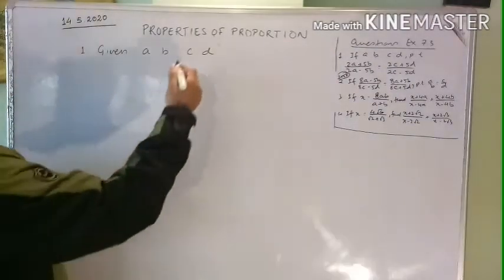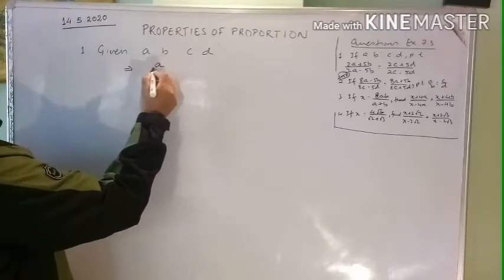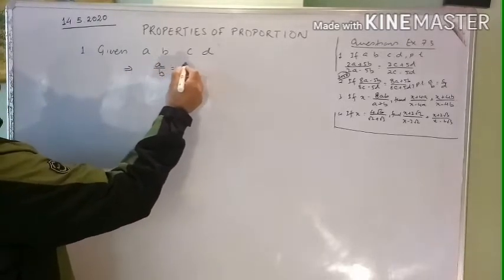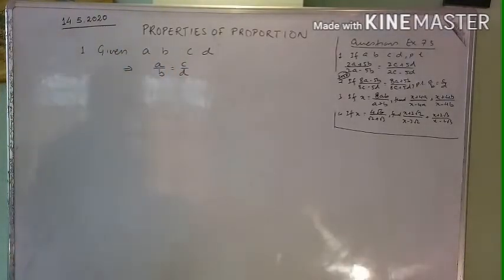Okay. So this implies we can write this as A by B is equal to C by D. So this ratio you can write as a fraction.